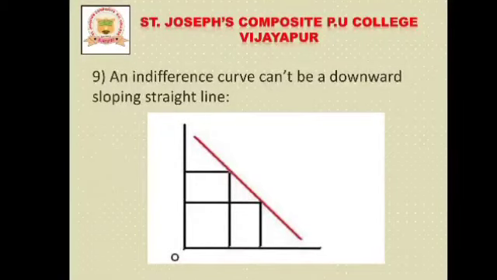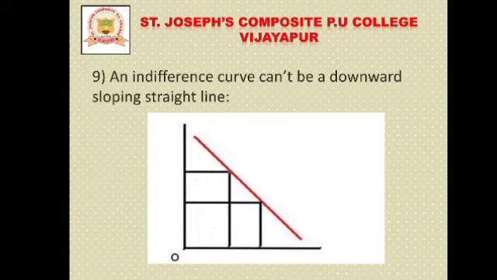Another property: an indifference curve cannot be a downward sloping straight line. It is not a straight line; it is downward sloping but curved.